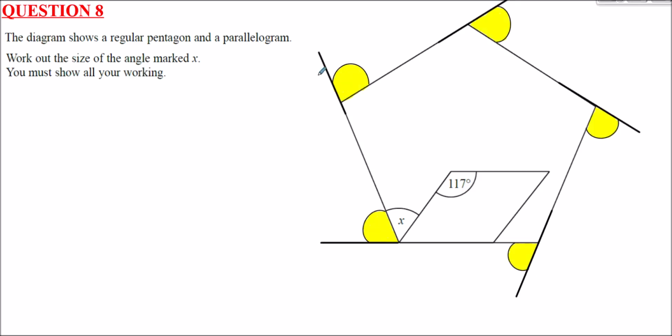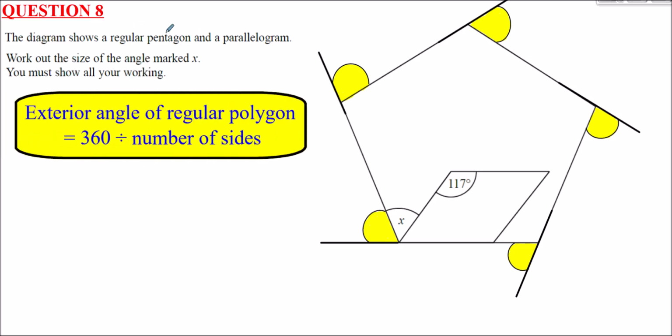The interior angle, by the way, would be this one. So exterior plus interior always needs to add up to 180. But anyway, just focus on the exterior angles. For any regular shape, the exterior angle of any regular polygon is 360 degrees, a full circle, divided by the number of sides. Think about running a lap around this pentagon. To do one full lap, you'd turn for a full 360, and you would have done that by going around 5 equally sized corners.